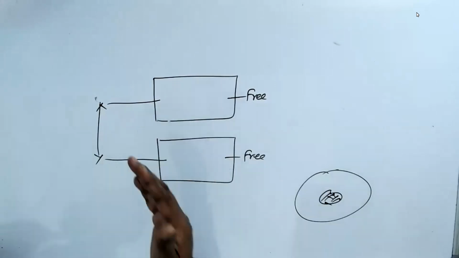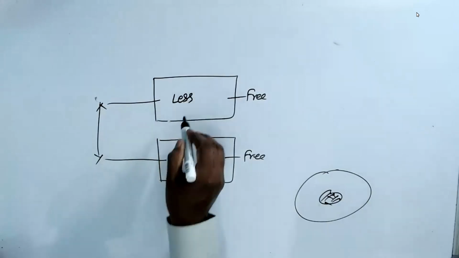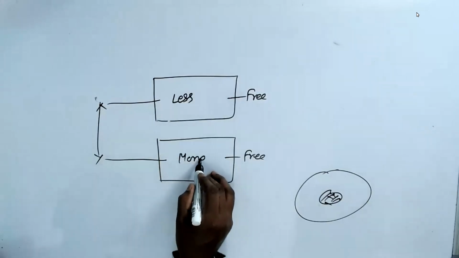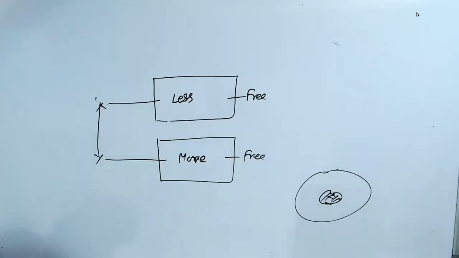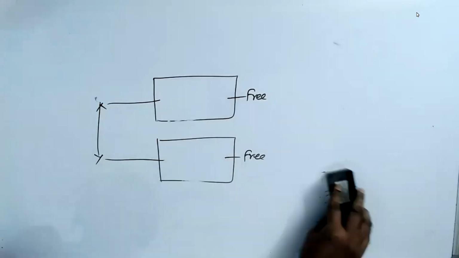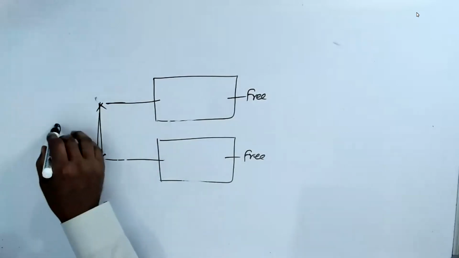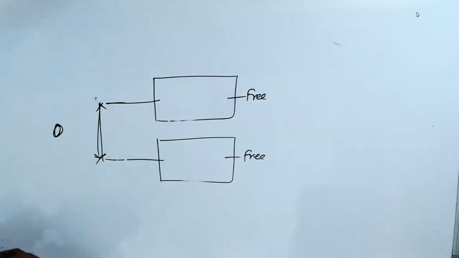Less electron or more electron. If one guy is having less electrons, one guy is having more electrons. If the free electrons are the same for both materials, then the difference is 0. That is called 0 electrons.